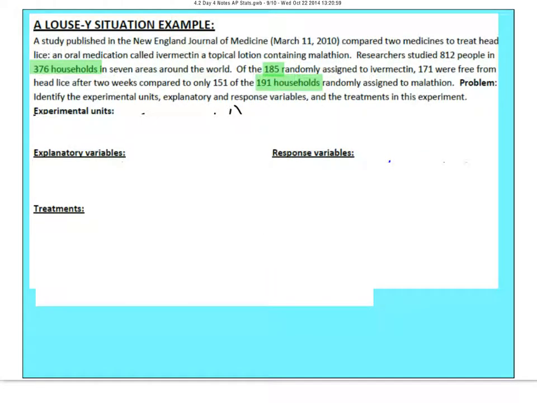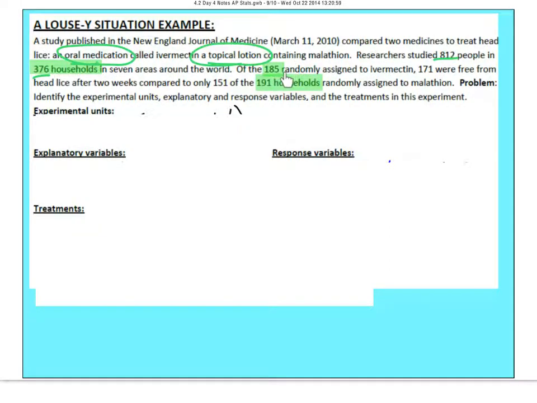So let's look at this situation and define the experimental units, the explanatory variable, response variable, and treatments or factors. A study published in the New England Journal of Medicine compared 2 medicines to treat head lice. There was an oral application of the medicine, and then there was a lotion application. Researchers studied 812 people in 376 households in 7 areas of the world.